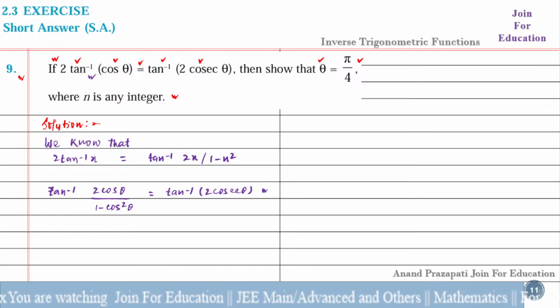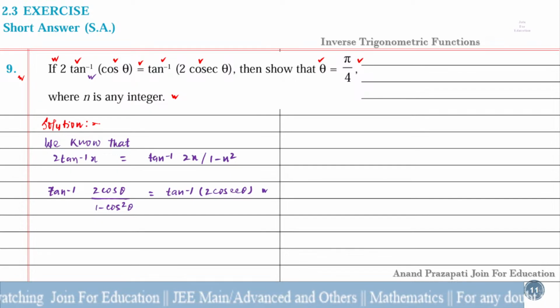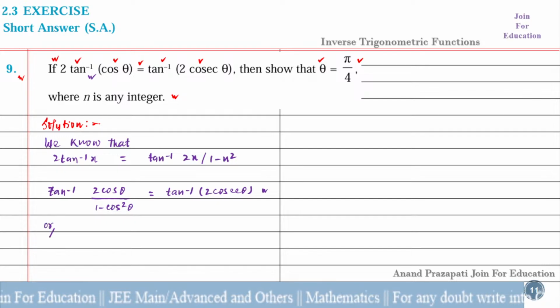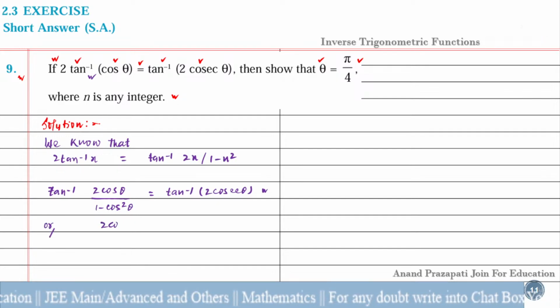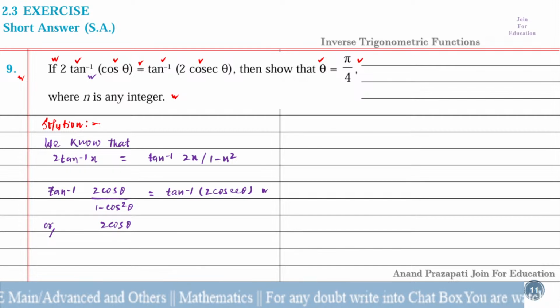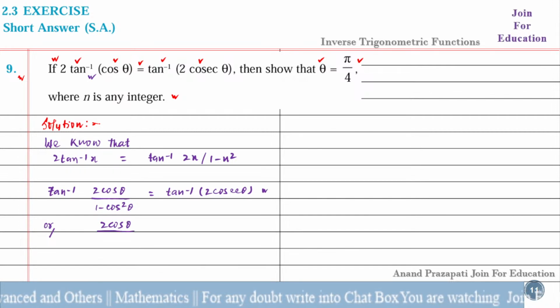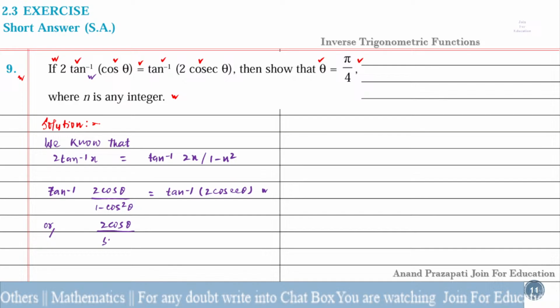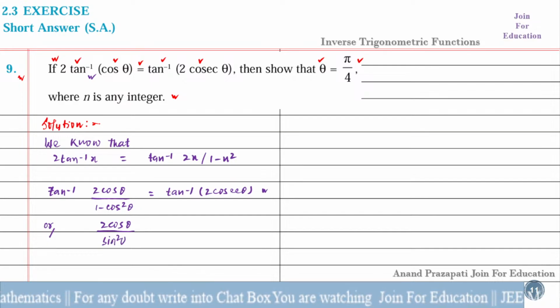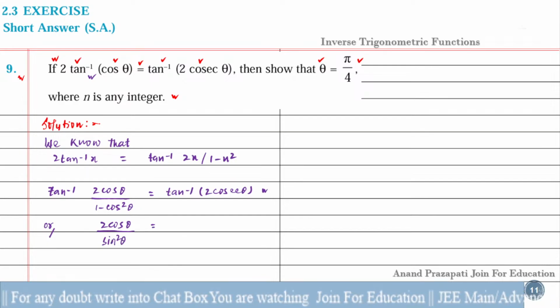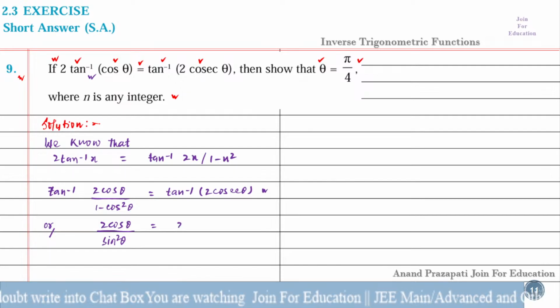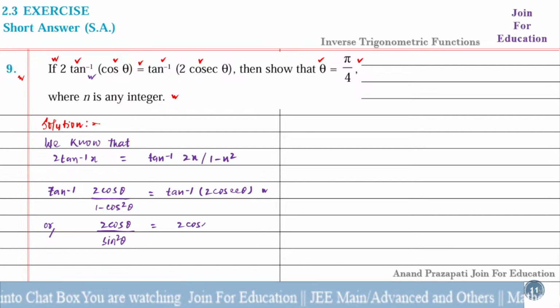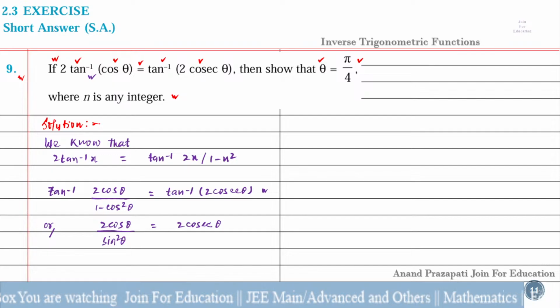What side we have tan inverse, therefore next step here will be, we write down here over 2 cos theta by, we write down here 1 minus cos square theta, which is sin square theta, equal to, we write down here 2 cosec theta.